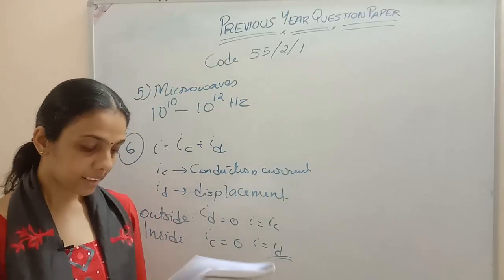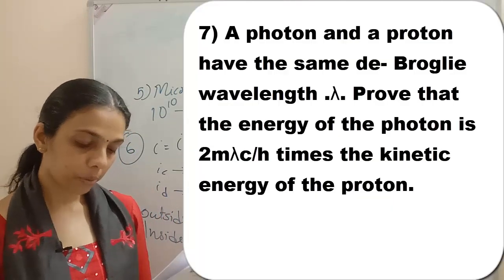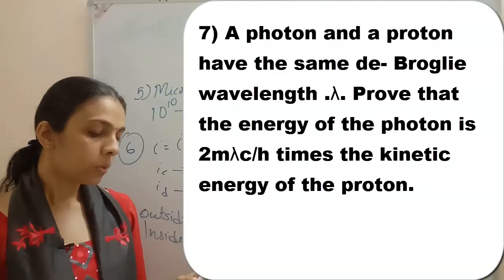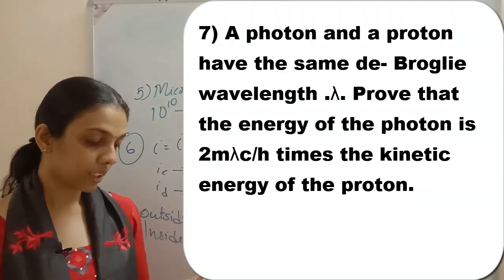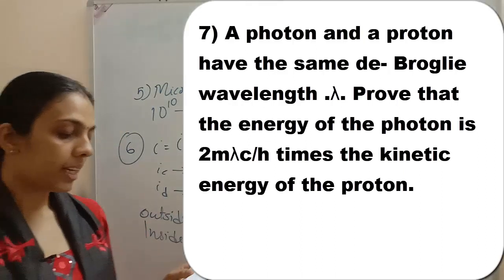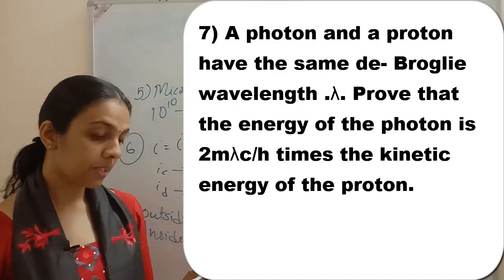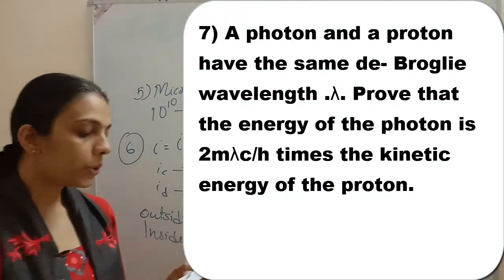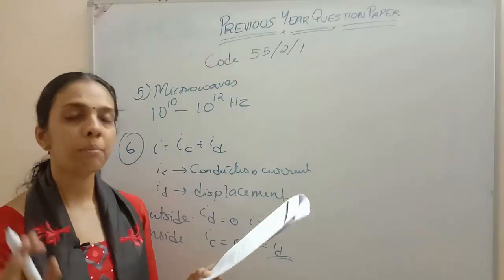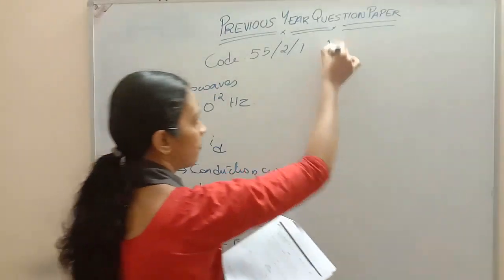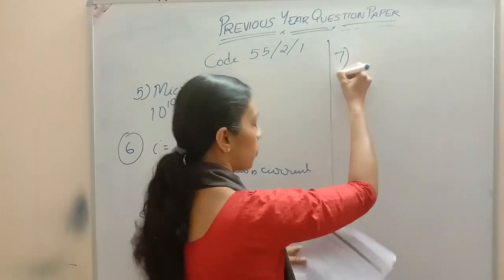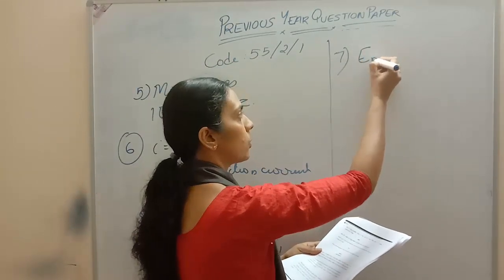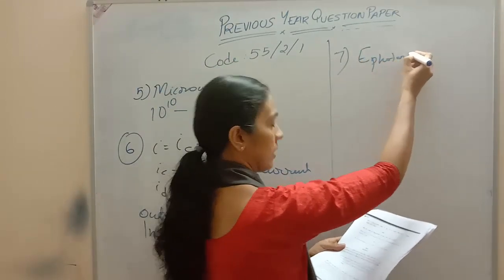Then next: a photon and a proton have the same de Broglie wavelength lambda. Prove that the energy of the photon is 2m lambda c by h times the kinetic energy of the proton. This is the seventh one.